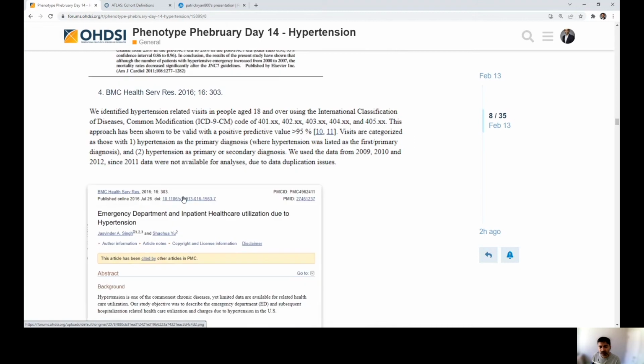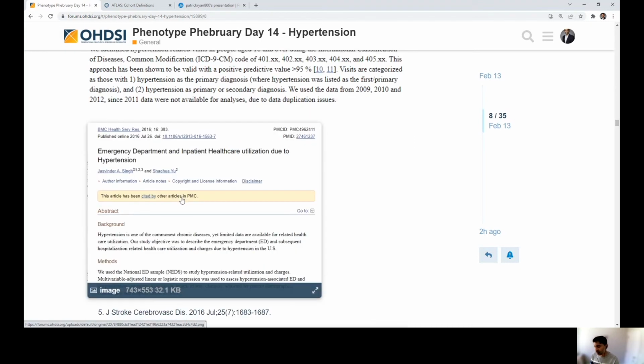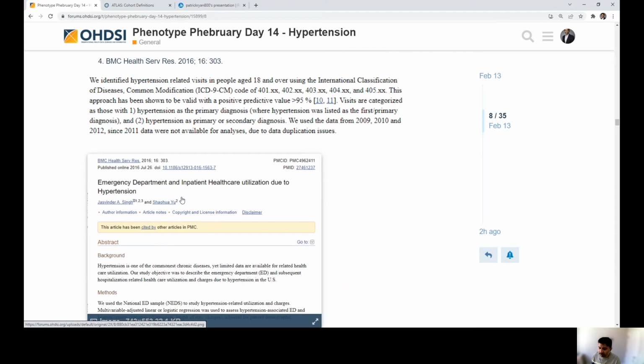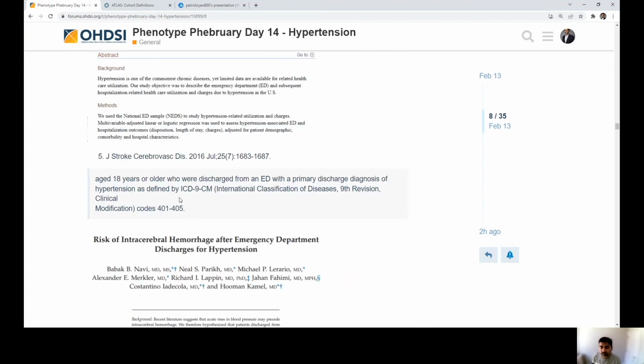So on. So what I found in my literature search is there are several articles that were performed on observational data. They use various types of codes, but many were focused on severe forms of hypertension, like hypertensive emergency, hypertensive crisis, malignant hypertension, and very few were on essential hypertension.